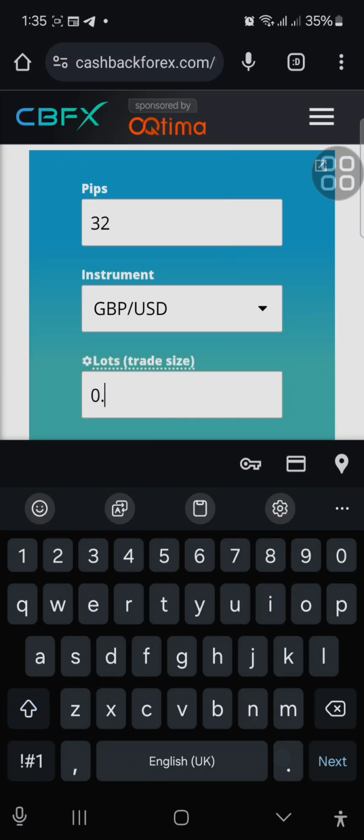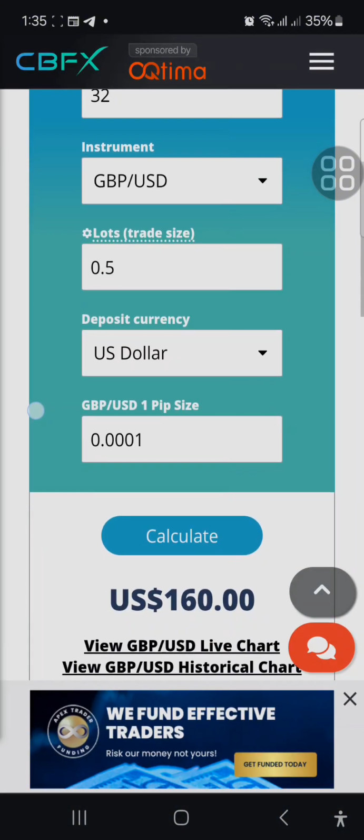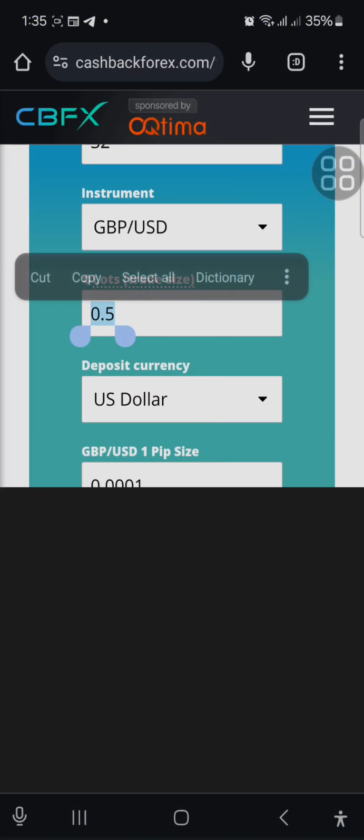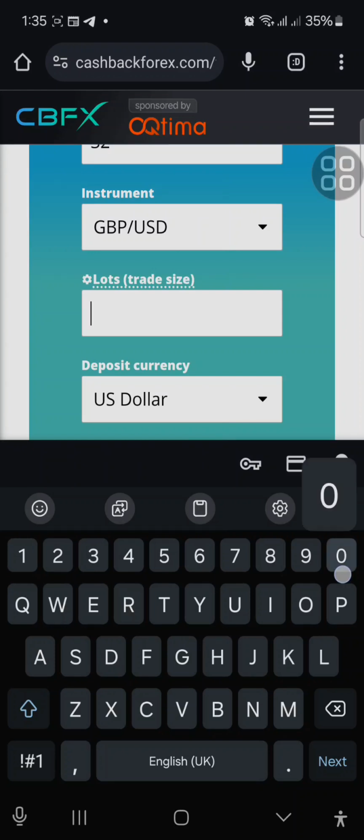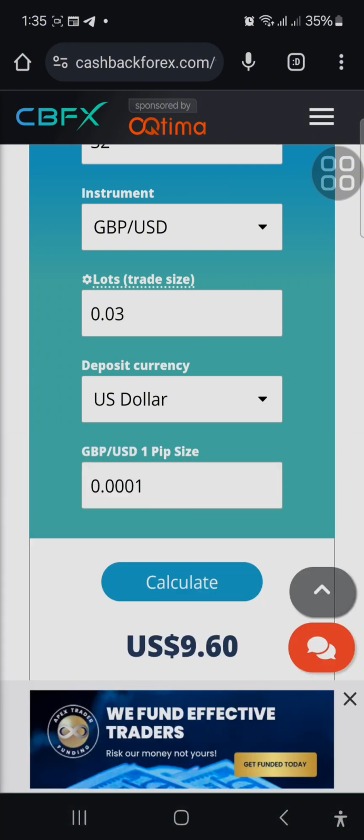Okay, so I'm just going to be doing that. Let me use 0.5 and let's see what that is going to mean. Is $160 way too much? So let me go back and do that. 0.03 and calculate.